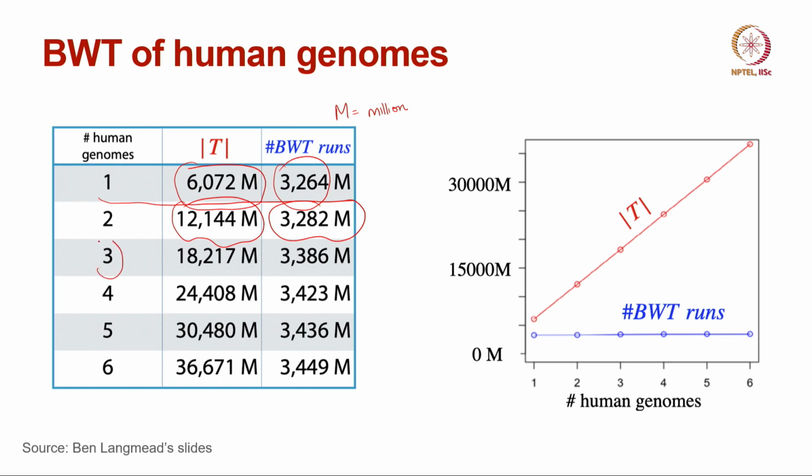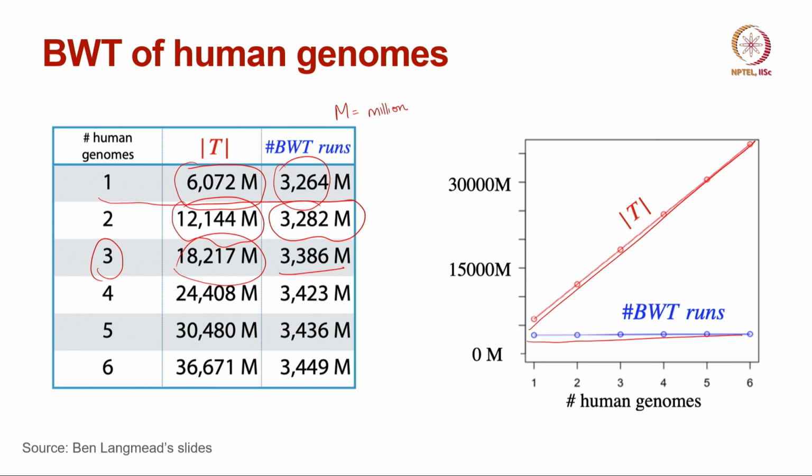Similarly, if I take 3 genomes, the text size grows linearly, but the number of runs in the Burrows-Wheeler transform grows very slowly. So, this is a real world example where you can see that the text size grows linearly, but the number of BWT runs are growing very slowly.